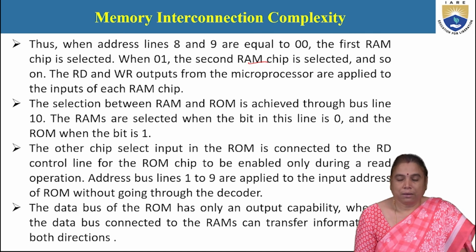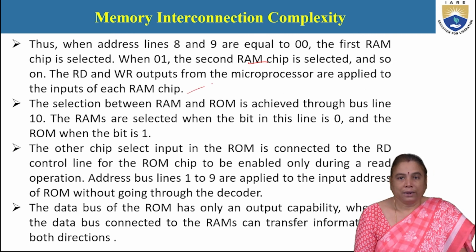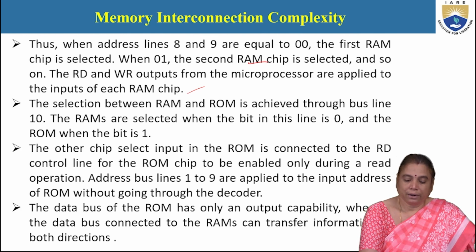The RD and WR outputs from the microprocessor are applied to the input of each RAM chip. RD is to perform the read operation, and WR is to perform the write operation. The selection between RAM and ROM is achieved through bus line 10.